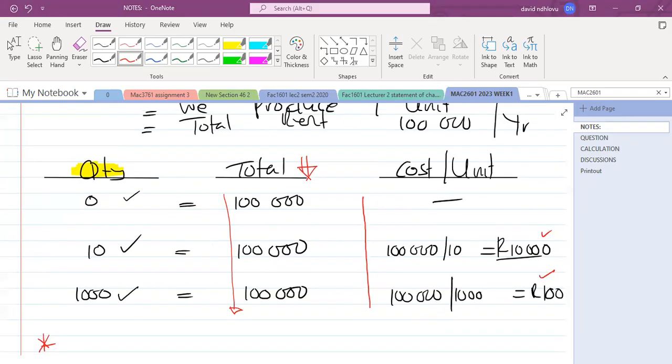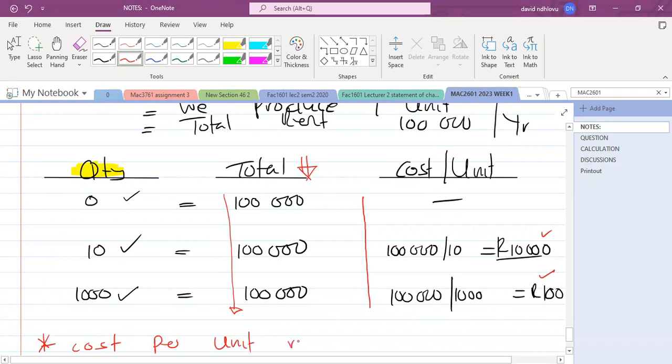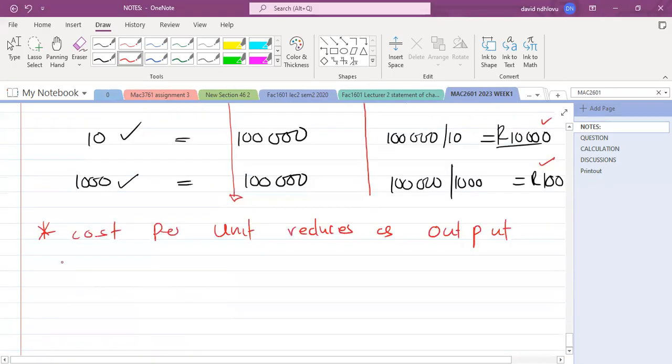The cost per unit reduces as output increases. So that's why it is usually profitable to produce more, because when you produce more, the cost of production per each unit becomes smaller. That's why we have to hit volumes.